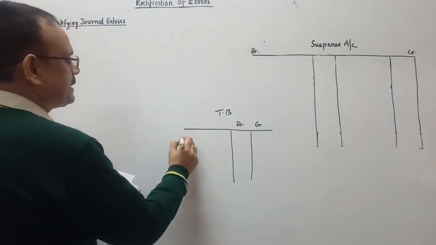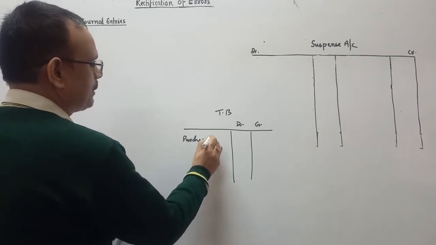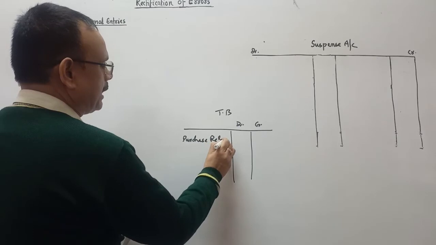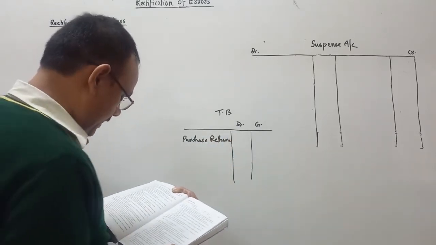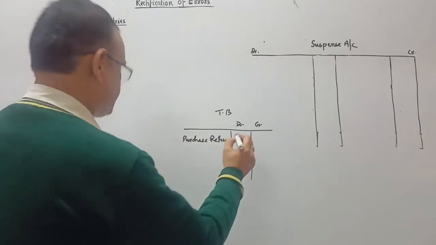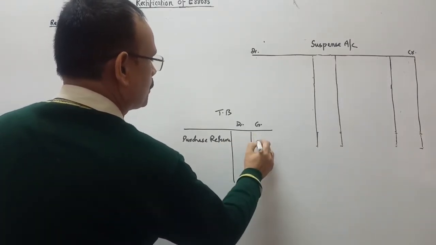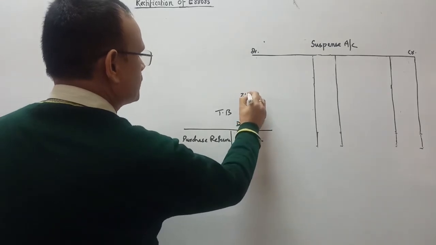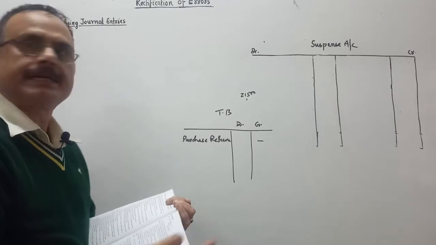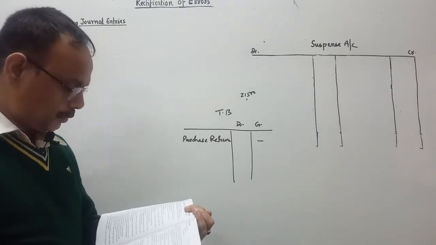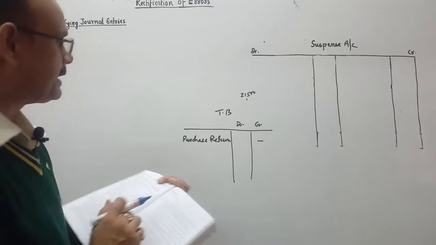So purchase return book total is not posted to the purchase return account. You know the purchase return account has a credit balance. Here 21,500 is not posted to the purchase return account.